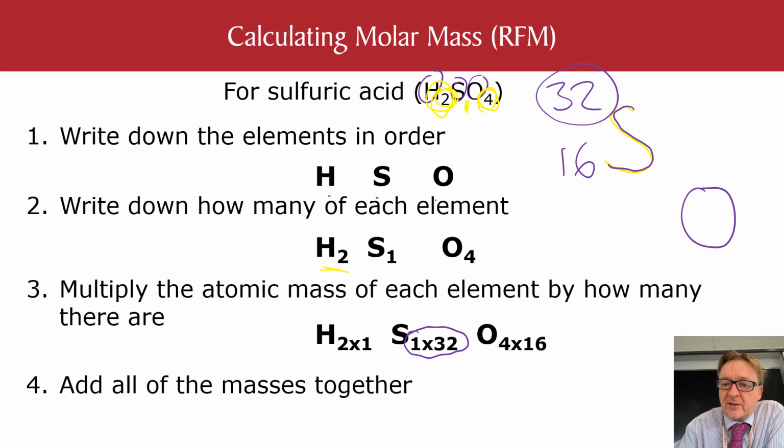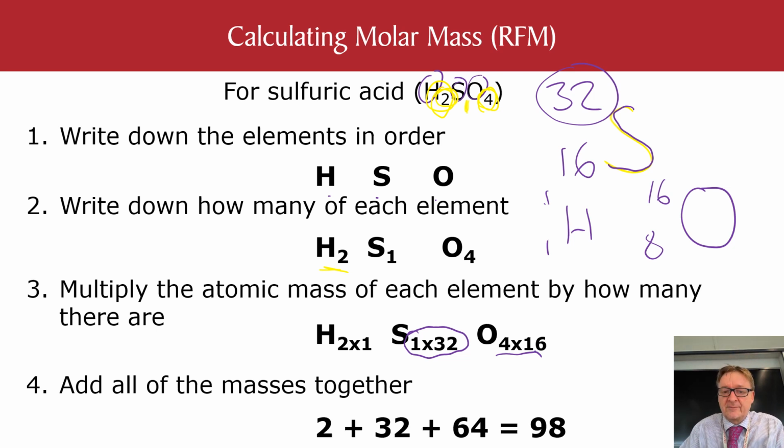Oxygen's numbers are 16 and 8, so I do 4 times 16. And hydrogen, its numbers are 1 and 1, so the big number is a 1, so I do 2 times 1. Then I add all those numbers together: 2, 32, because 1 times 32, and 4 times 16 is 64. Add them all together, and my RFM is 98.